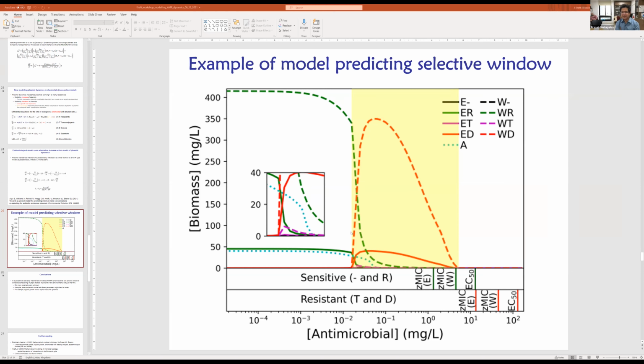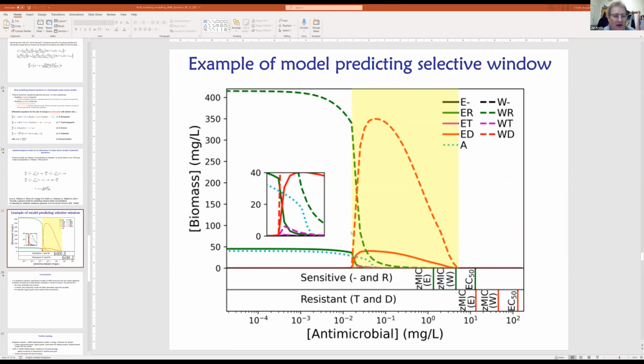Okay, thank you. If the fitness cost would be zero, then resistance would never have a disadvantage, and you would select for resistance at very, very low concentrations in the environment. And then we would be in trouble.